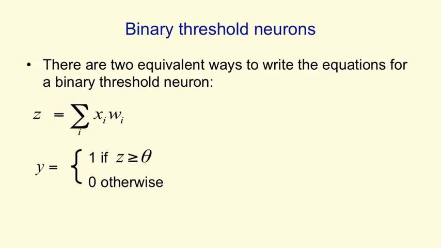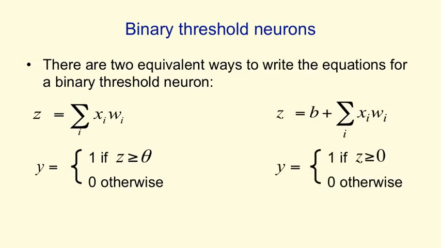Alternatively, we could say that the total input includes a bias term, so the total input is what comes in on the input lines times the weights, plus this bias term, and then we can say the output is 1 if that total input is above 0, and is 0 otherwise. And the equivalence is simply that the threshold in the first formulation is equal to the negative of the bias in the second formulation.